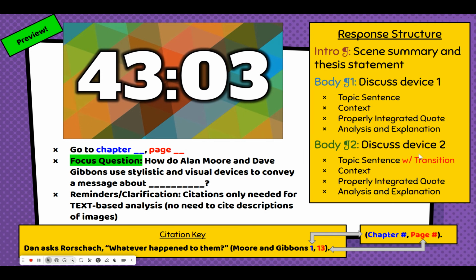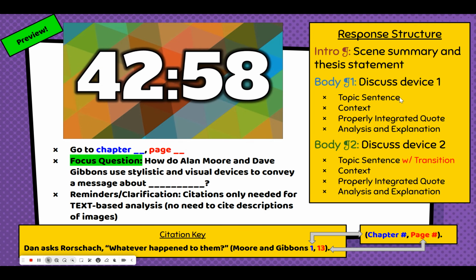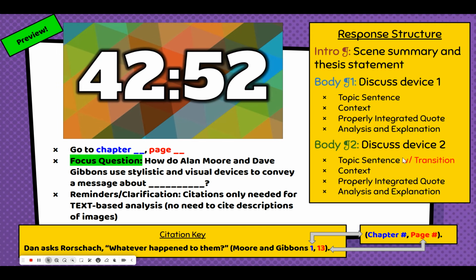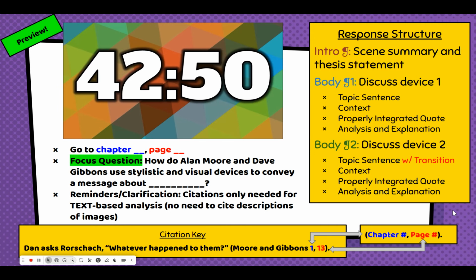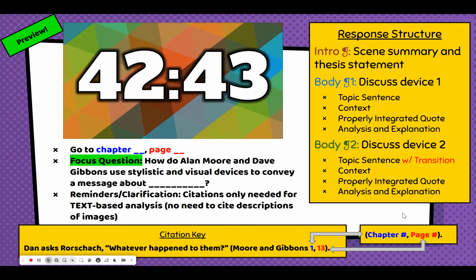Or, just like what you did with the Calvin and Hobbes cartoon, you can talk about text and visuals in the first body paragraph, and then talk about text and visuals again in a different panel or a different part in body paragraph 2. If you have time and you write a third body paragraph, that serves as restorative points.